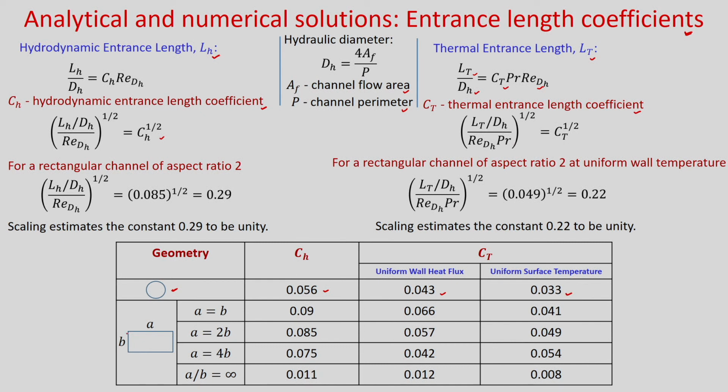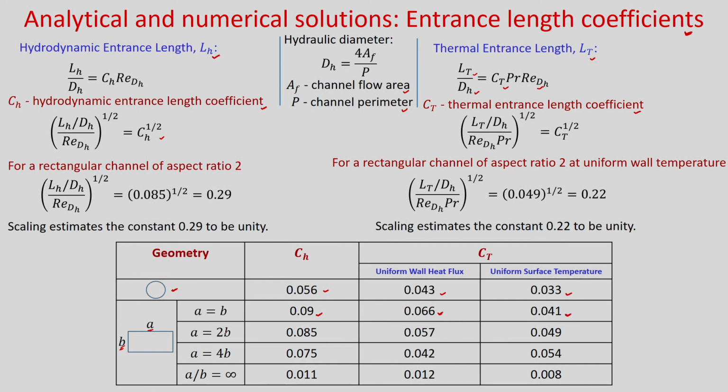Now, if you consider a rectangular duct where sides are A, B as shown in this figure. If A is equal to B, then it is a square cross section channel. For that C_h is 0.09 and C_T for uniform wall heat flux is 0.066 and C_T for uniform surface temperature is 0.041.